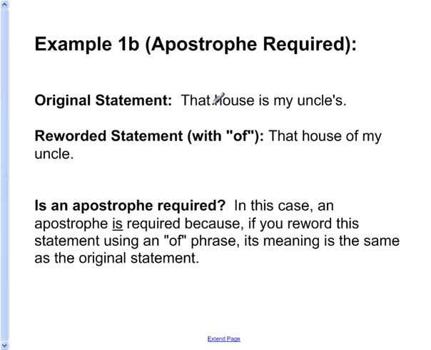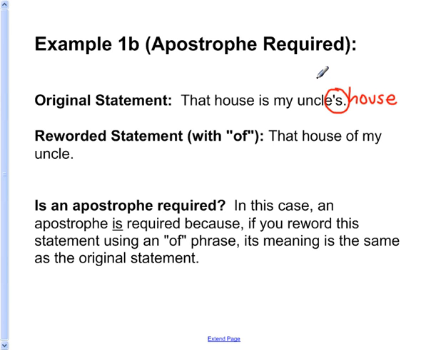Let's look at another example. That house is my uncle's. What is actually being said here is that house is my uncle's house. This is an abbreviated form in this sentence. So let's see if the apostrophe S here is necessary. Does possession exist?